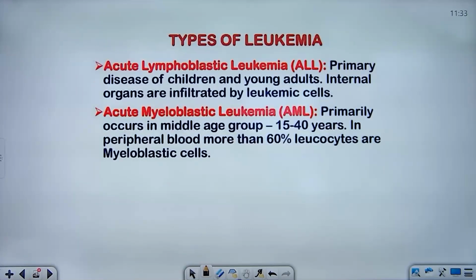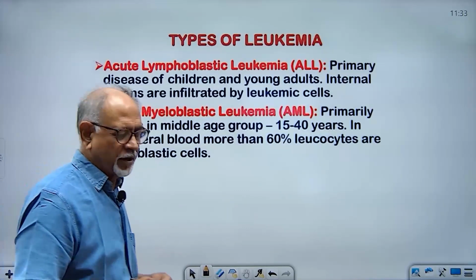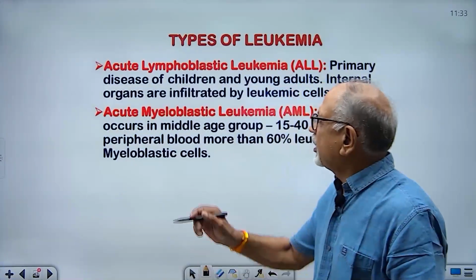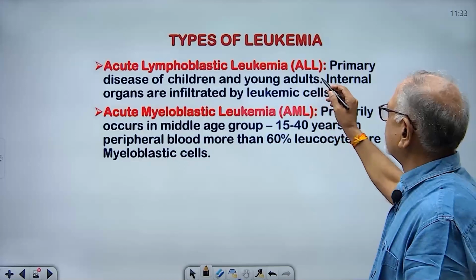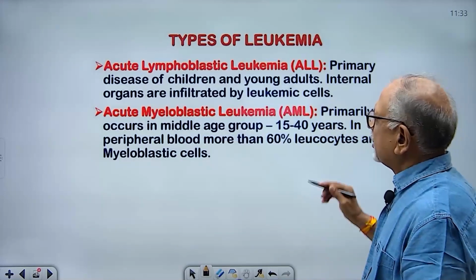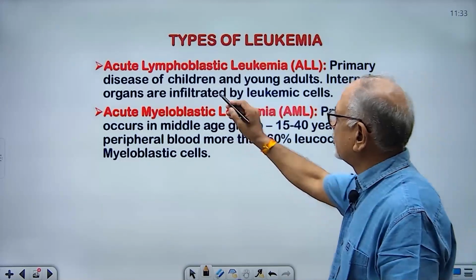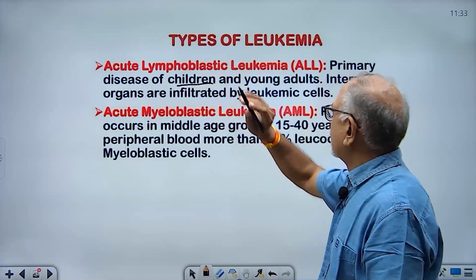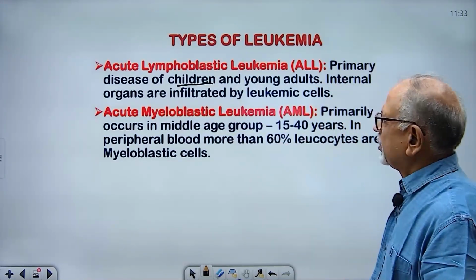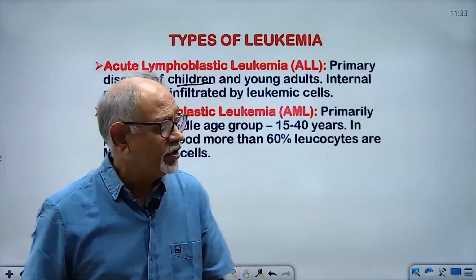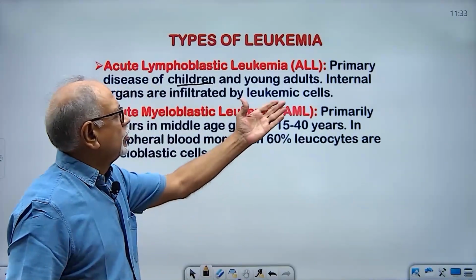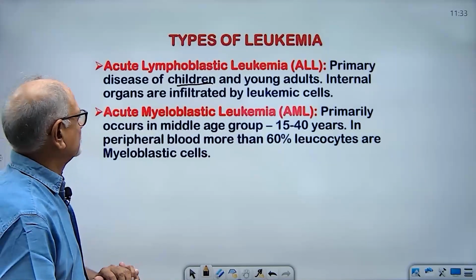Now coming on to the types of leukemia. Here is one, acute lymphoblastic leukemia, called ALL. It is a primary disease of children and young adults. The internal organs are infiltrated with leukemic cells.